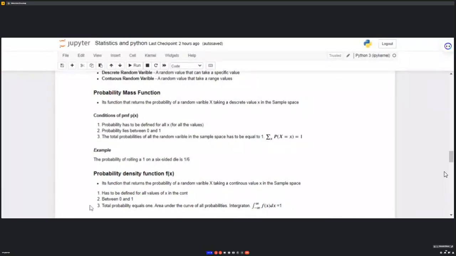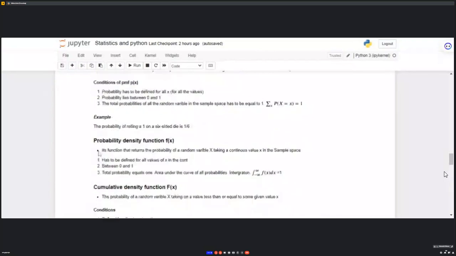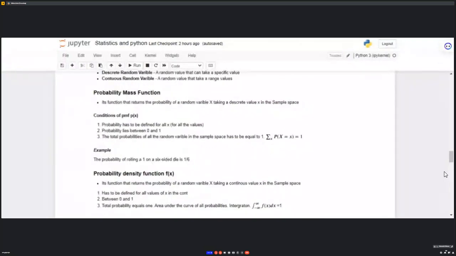But if you are calculating the probability of a continuous one, probability has its own conditions that have to be met. It has to be defined for all x, like every value has to have a probability. Probability lies between 0 and 1. It can never be below 0 or above 1. And then the total probability of a random variable is 1. If you sum all the probabilities of the random variables that you have, it has to give you a 1.